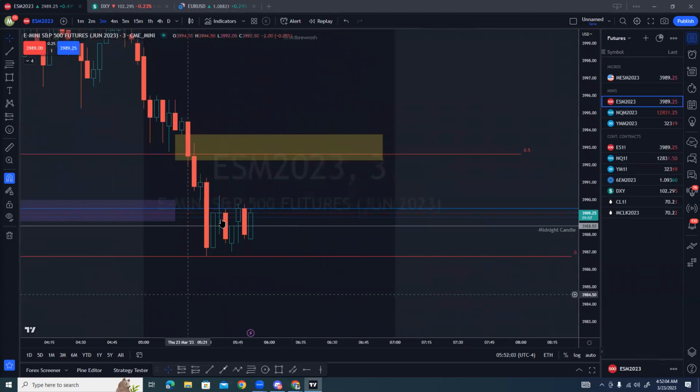See, we haven't actually made a decision right here as to what it's going to do. So we're right at the midnight candle, this Monday high. I would love to see a nice displacement, break of structure. There you go. Draw a box. And I wouldn't go from here.